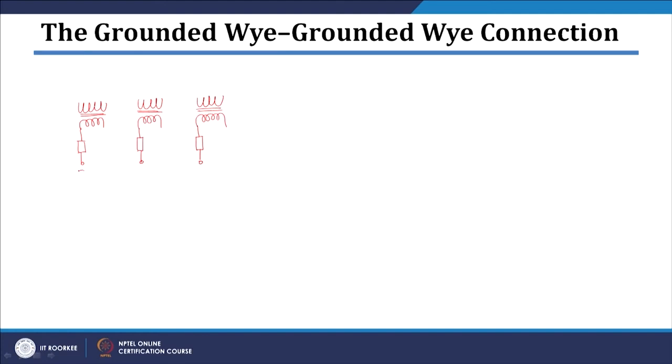So this is your A phase, this is your B phase and this is your C phase, secondary side small letters, and then we need to make this star point here. So this is connected to the star point, and since we are using grounded Y connection, we need to ground it. Then the representation of impedances will be like this.